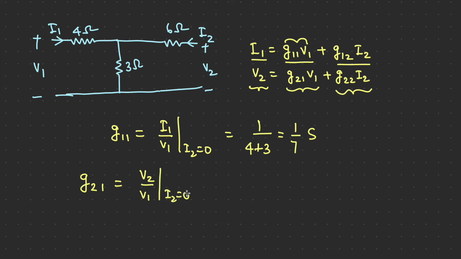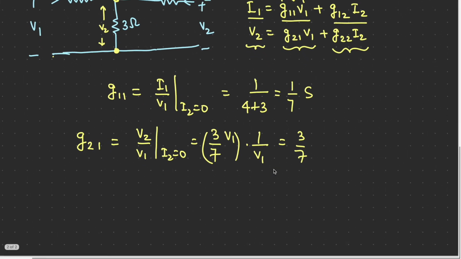So when I2 is 0, the voltage across this is V1 and the voltage across the 3 ohm will become V2. So in this case we can find the voltage ratio. V1 is dividing in two parts, that is the 4 ohm and 3 ohm parts. So across the 3 ohm it will be 3 by 7 V1, that is our V2, divided by V1, so it is 3 by 7. So the voltage ratio is 3 by 7.